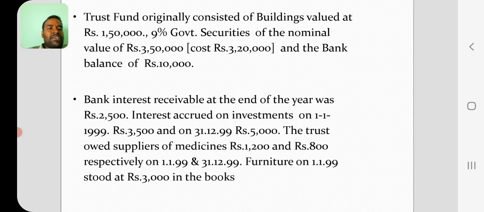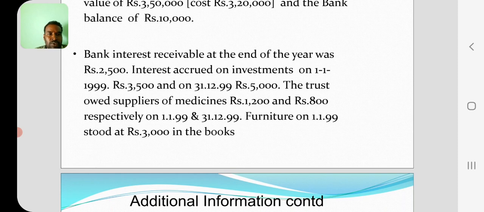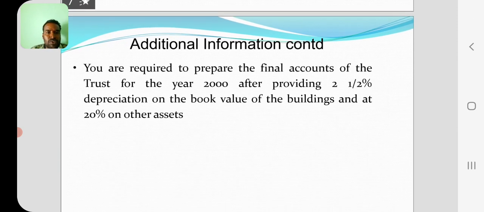Interest accrued on investments on 1/1/99 was rupees 3,500, and on 31/12/99 rupees 5,000. The trust owed suppliers of medicines rupees 1,200 and rupees 800 respectively on 1/1/99 and 31/12/99. Furniture on 1/1/99 stood at rupees 3,000 in the books.